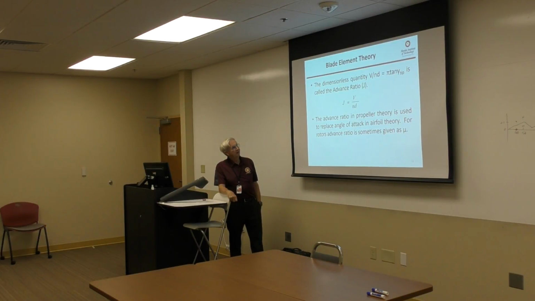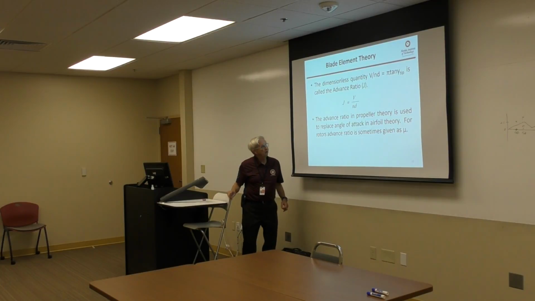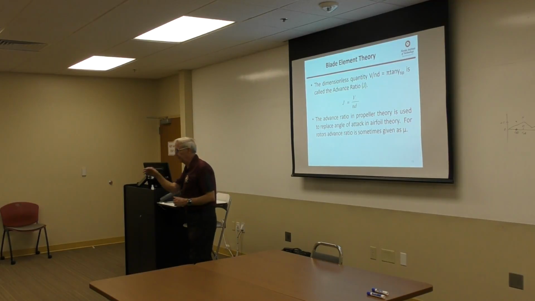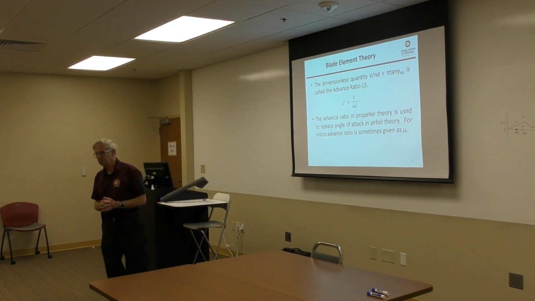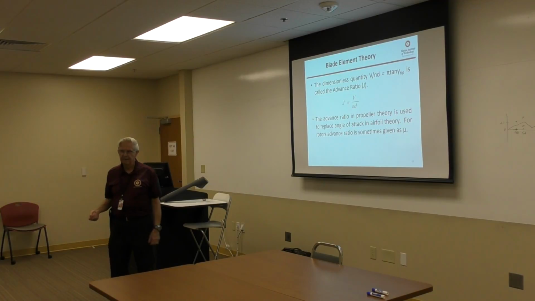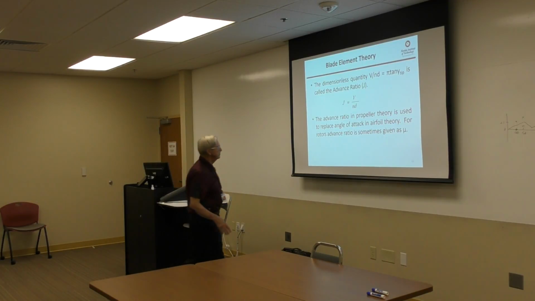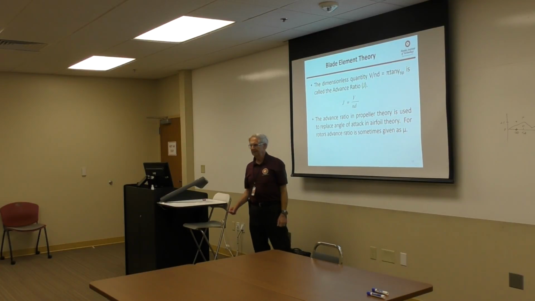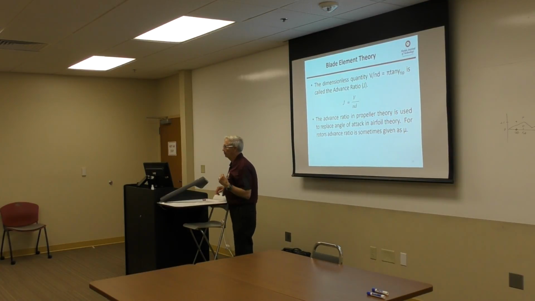And the advance ratio is abbreviated with a capital letter J, and it's just equal to the velocity of the aircraft through the air over revolutions per second, N, times the diameter. And so we use advance ratio to replace angle of attack from airfoil theory in propeller theory.